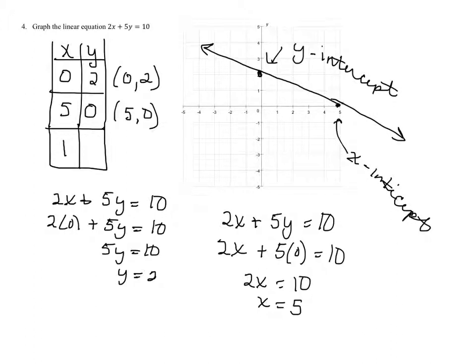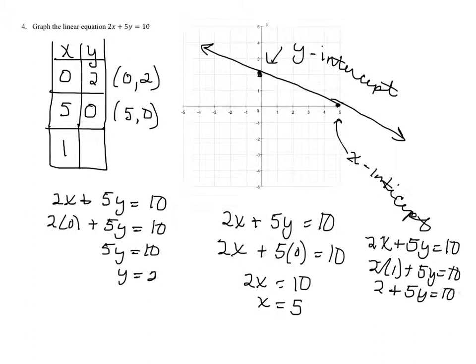We will get 2x plus 5y equals 10. 2 times 1 plus 5y equals 10. 2 times 1 is 2. 5y equals 8. Y is equal to 8 over 5, which is 1.6 when you do that. Divide it out.